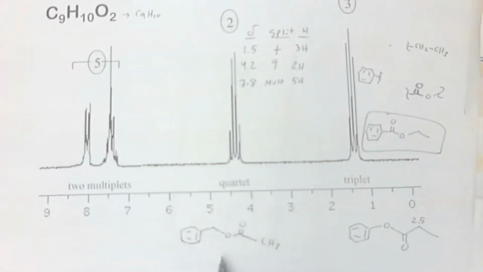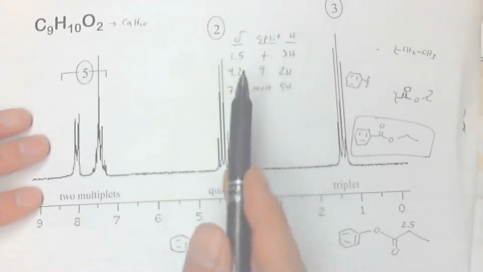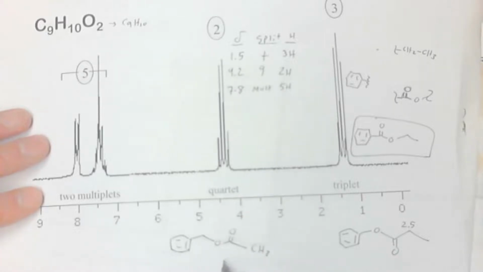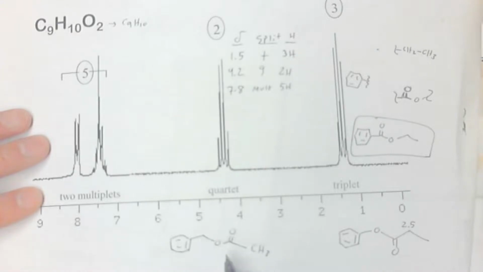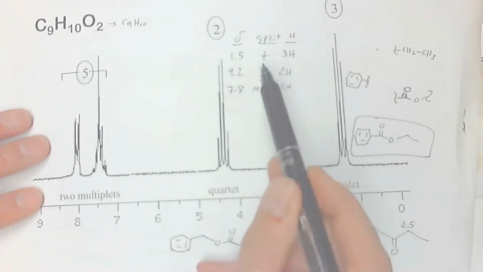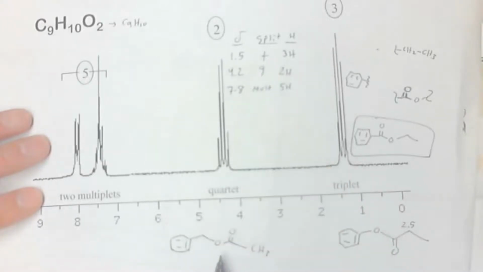Why can it not be this? What would be wrong with this? This would have a problem that's inconsistent with the data, and that is the neighbors, right? The splitting. This would be a singlet and that would be a singlet. If these were singlets, yeah, maybe. But, right?